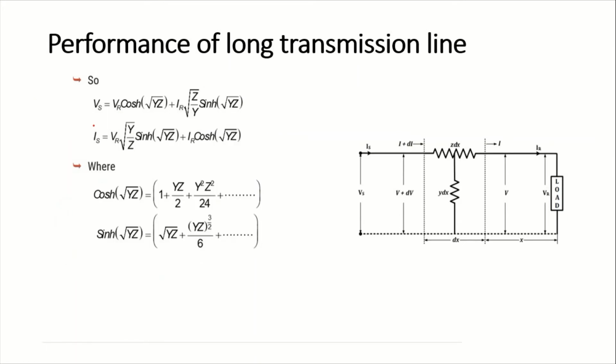So this equation becomes like this, and the equation for cosh under root YZ is equal to 1 plus YZ by 2 plus Y squared Z squared by 24 plus up to infinity, and sinh under root YZ is equal to under root YZ plus (YZ) raised to 3 by 2 by 6 plus up to infinity. These are the universal equations. We only have to accept these and use them in our calculation.